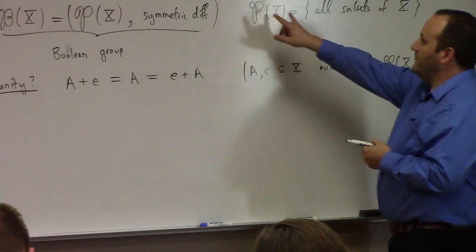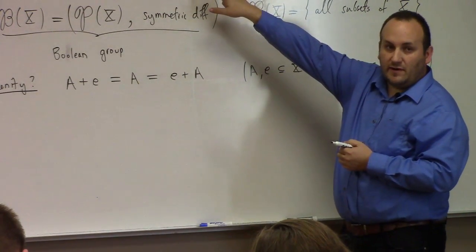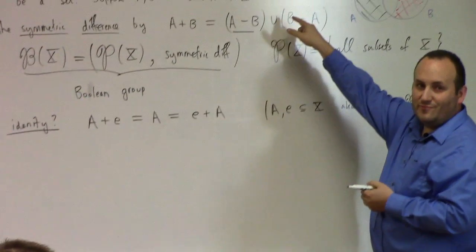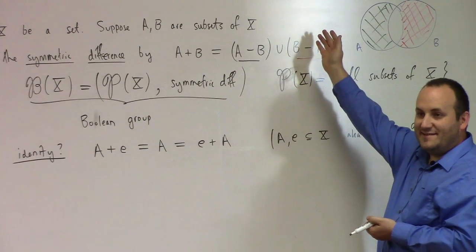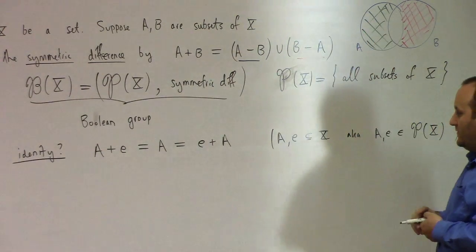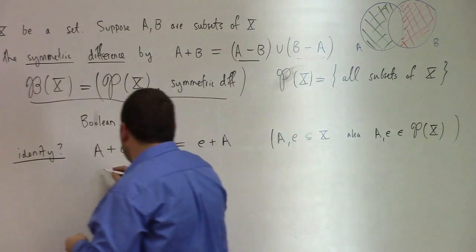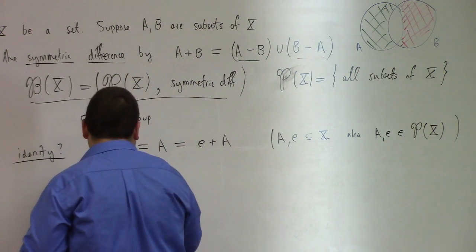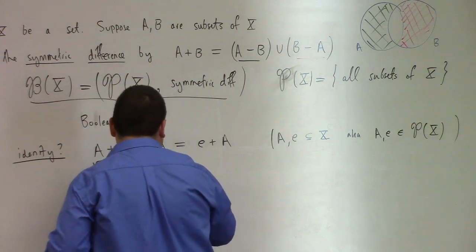A with the empty set removed is just A again, right? And if you take the empty set and remove A, it's still the empty set. So A union the empty set is just A again. I think we have a winner. So yes, E is equal to the empty set. So we have an identity.